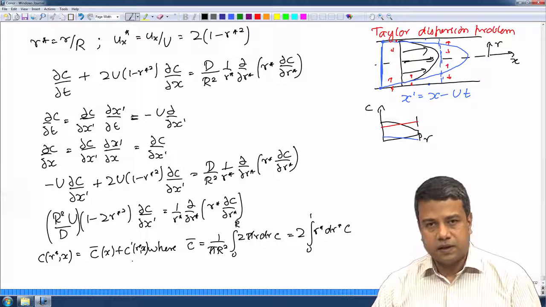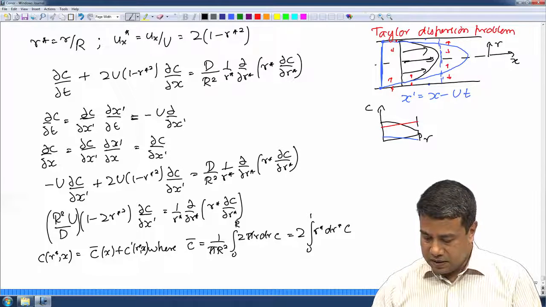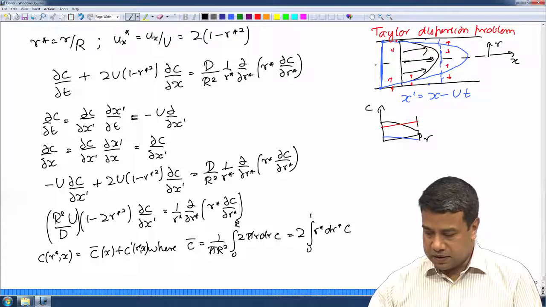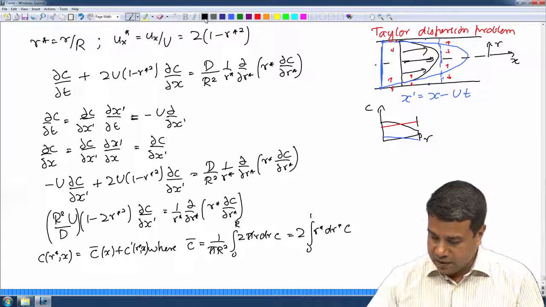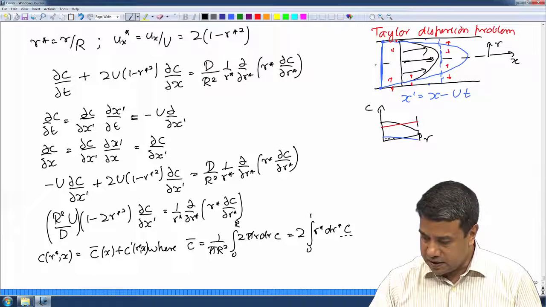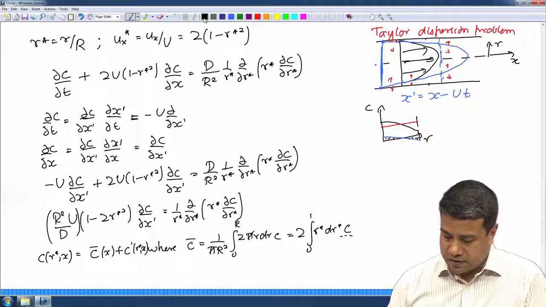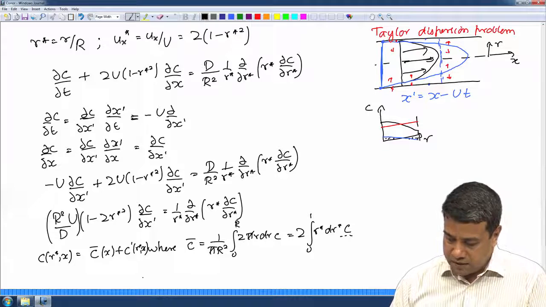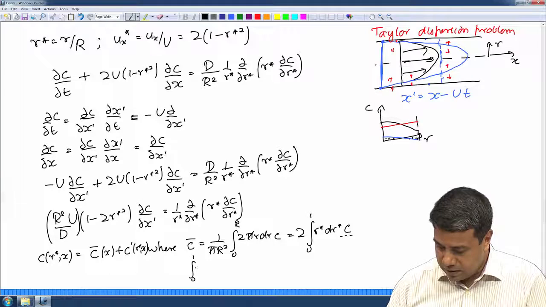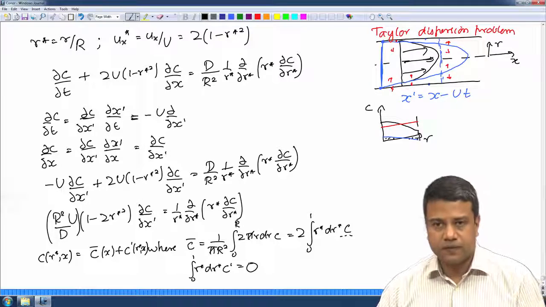Since the average value of the concentration is the area average of the radial concentration, for this second part C prime, the average has to turn out to be 0. So, the condition for C prime is that integral 0 to 1, r star dr star C prime is equal to 0.